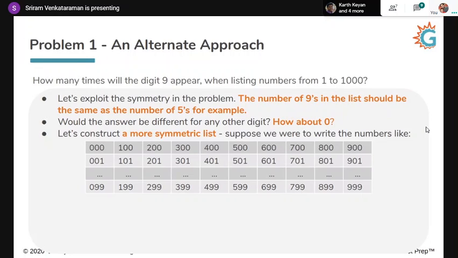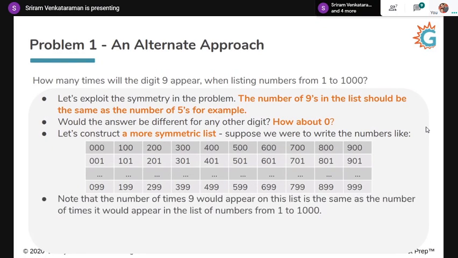But the number of nines in this list is actually very simple to calculate. Why? Because there are totally 3,000 digits, because there are 1,000 numbers, and each of them I'm writing as a 3-digit string. So totally I'm writing out 3,000 digits, and the number of times 9 would appear is the same as any other number.